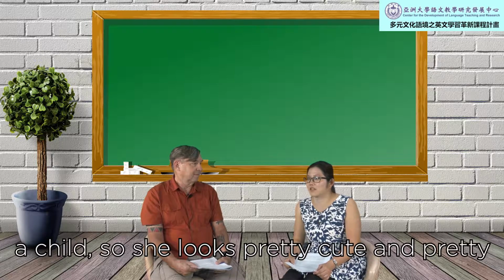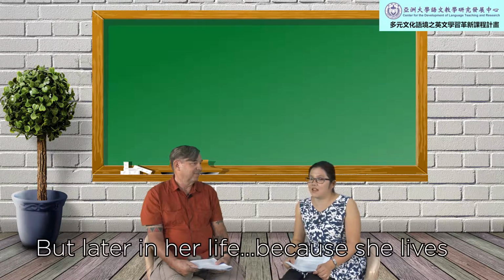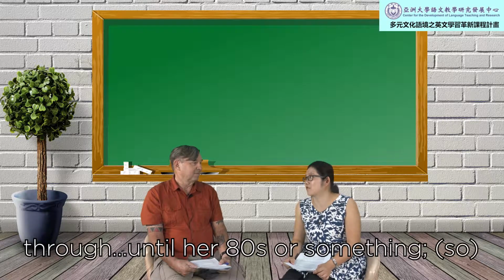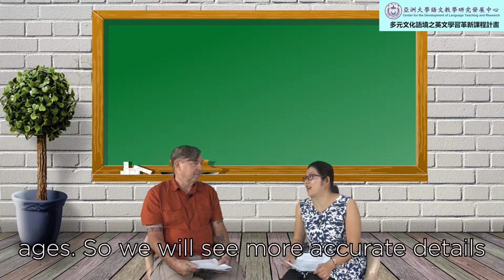So she looks pretty cute and pretty beautiful in those paintings in her younger ages. But later in her life, of course, she lived through until her 80s or something. So there are photos about the queen in her old ages.